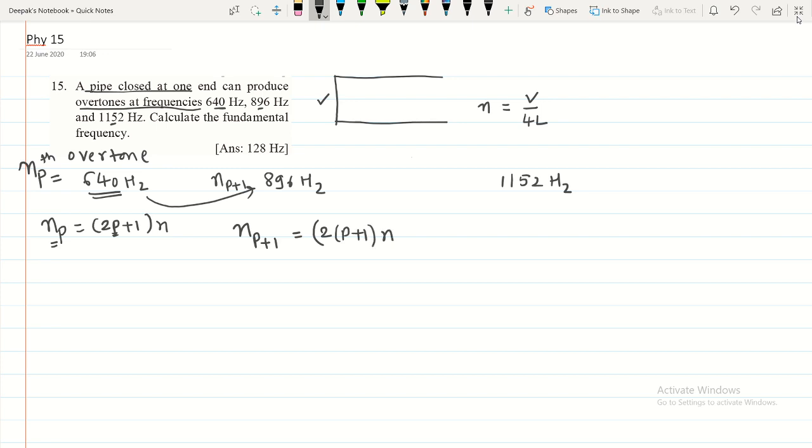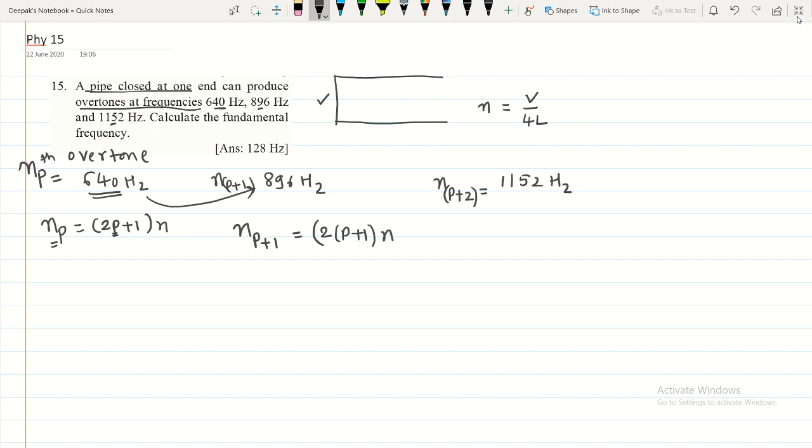After p plus 0, that means np, then afterward this is np plus 1, the frequency of the (p + 1)th overtone, and this is the frequency of the (p + 2)th overtone, right? If I take p equal to say 1, it will be n1, this will be n2, this will be n3, something like that.